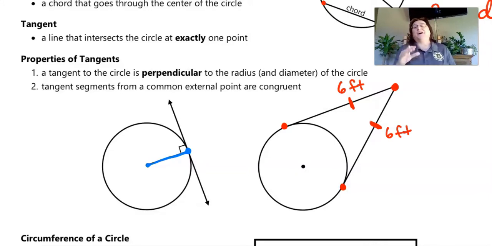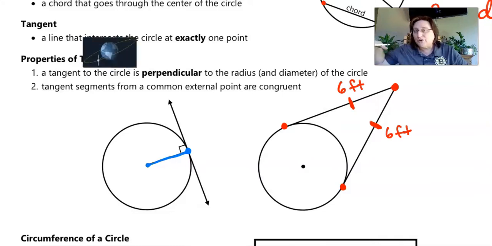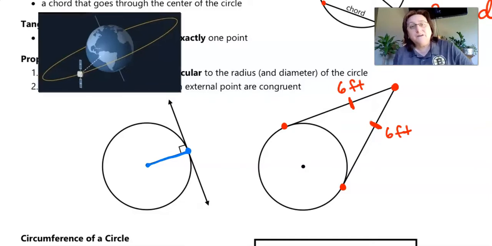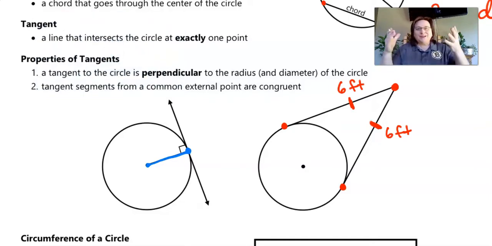Now, believe it or not, guys, these properties of tangents are used a lot when we're dealing with satellites that are orbiting the Earth. They use these kind of lines to help us figure out the orbital altitude, I believe it is, of satellites. See, you guys are learning space stuff already, right?